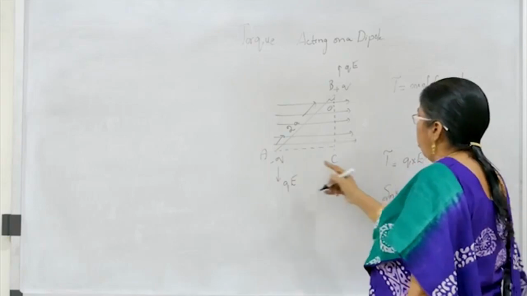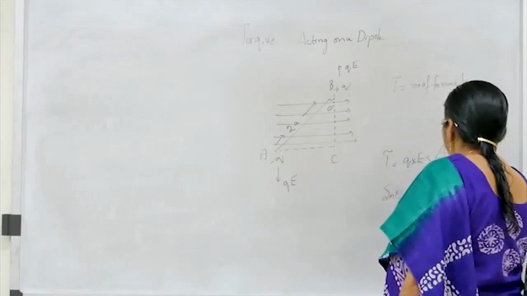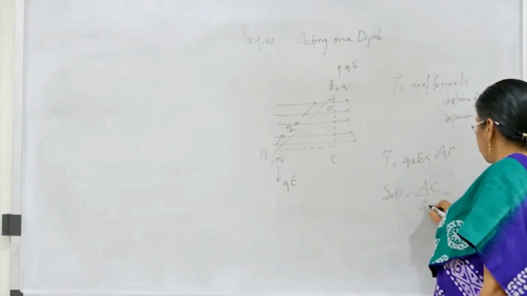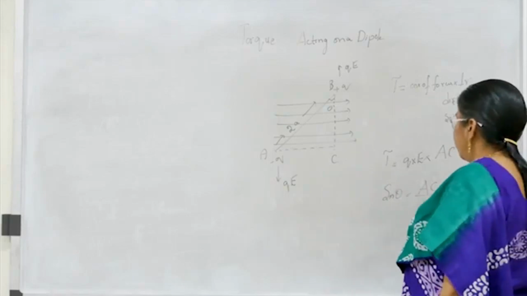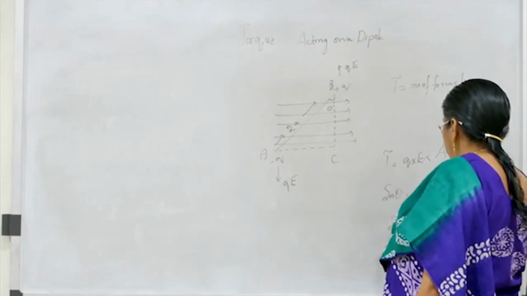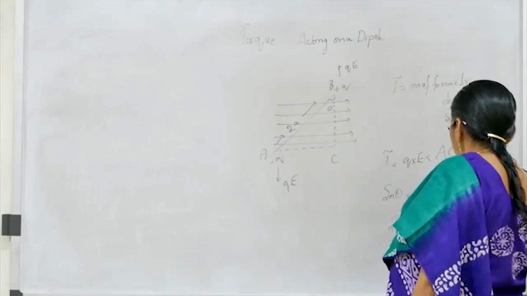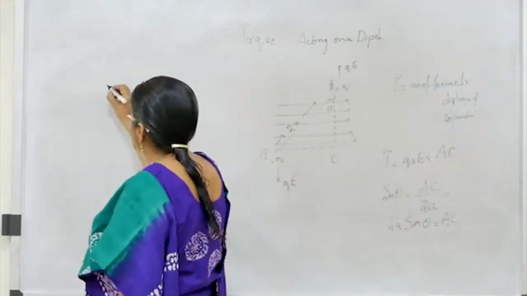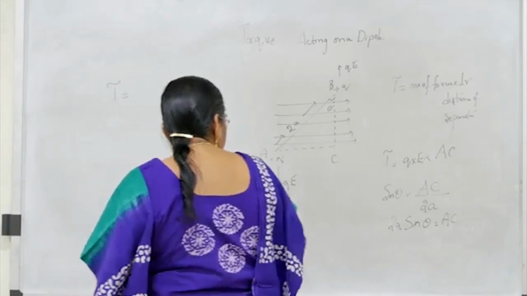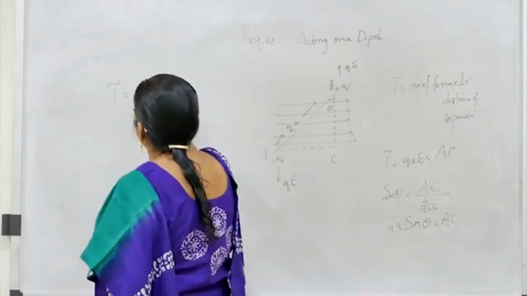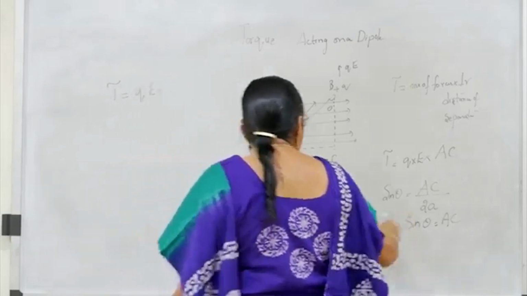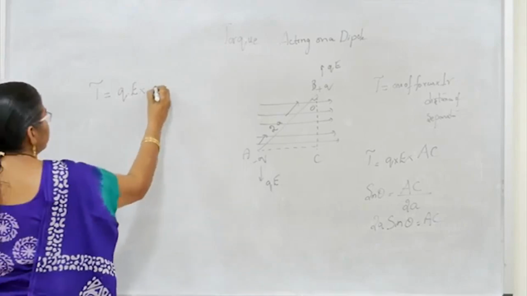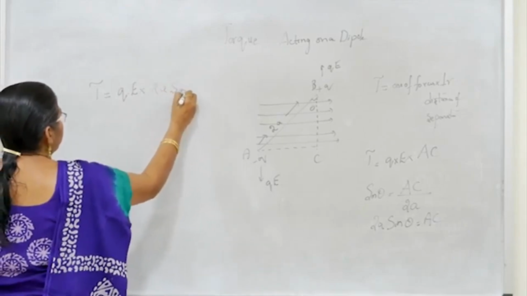Sine theta is the opposite side AC by the hypotenuse AB, which is 2a. So 2a into sine theta is equal to AC, and I substitute in the torque tau equal to q into E into AC, replacing AC with 2a sine theta.